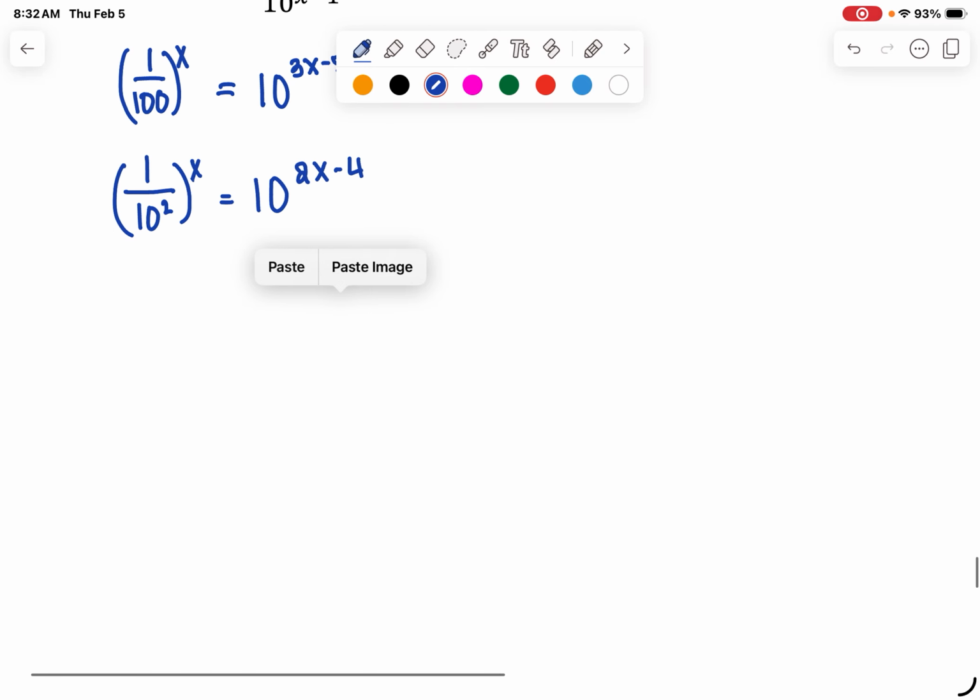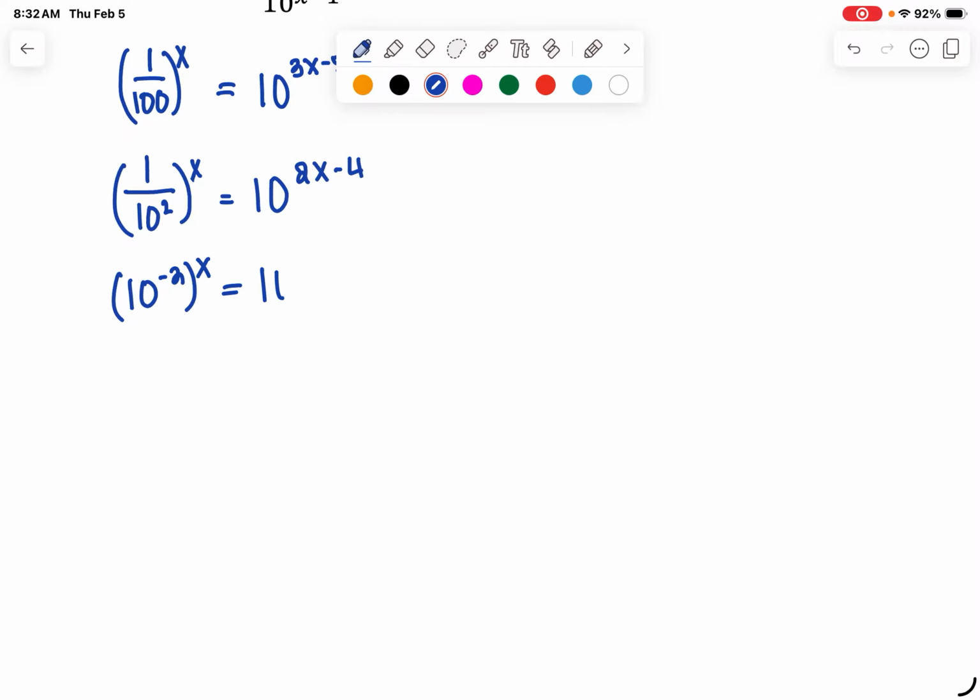Okay, so on the left-hand side now, I know that if it was 1/10, I can rewrite it as 10 to the negative first. So if it's 1 over 10 squared, I can rewrite that as 10 to the negative second power. And this is 2x minus 4. And then this is 10 to a power to a power, multiply your exponents.